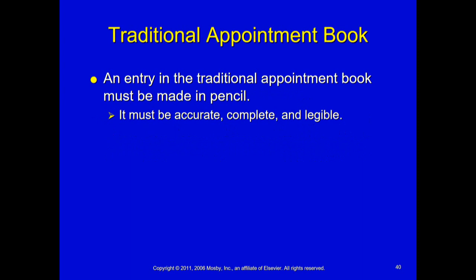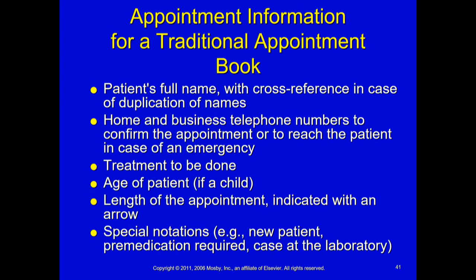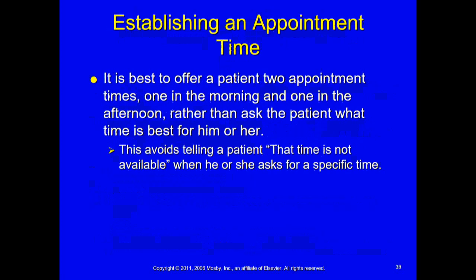We talked about this being in pencil, though it's horrible in pencil because it gets erased. And if any of you are old enough to remember the erasable pens, that's just as bad. Usually within a traditional appointment book, you just write their first name, their last name, and their phone number. Usually that's all that you can fit in one of those appointment books.